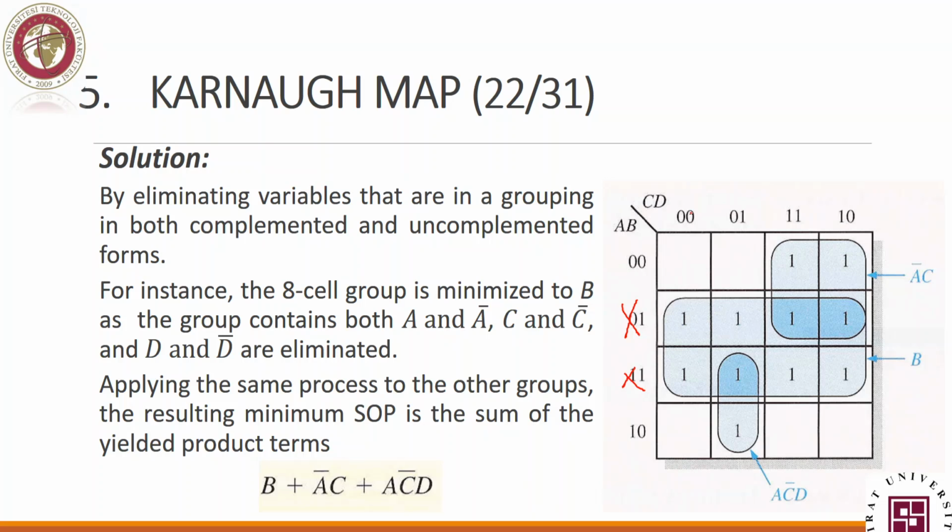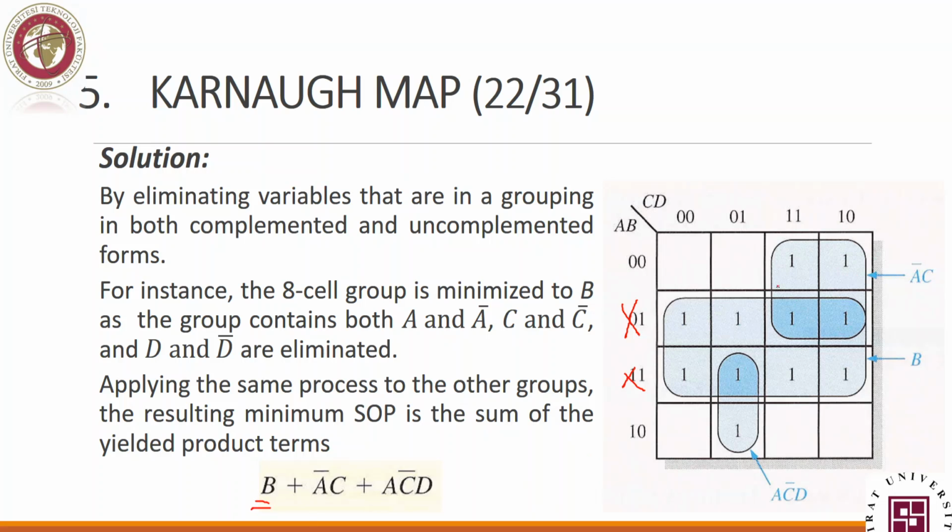Here we have D bar, here we have D. They cancel each other. Here we have D, here we have D bar. They cancel each other. So when you're folding with all these possibilities, they cancel each other. What's left? Just B. And a group of 8 takes you to only 1 variable in the expression, B.